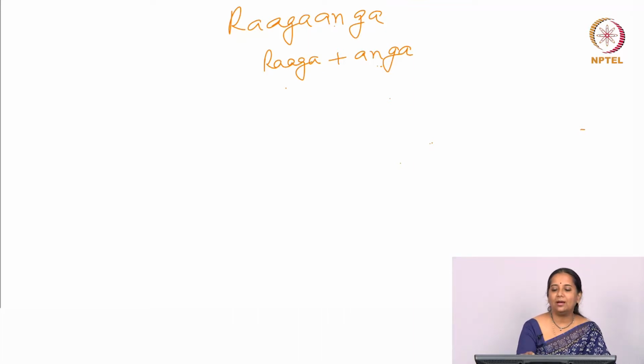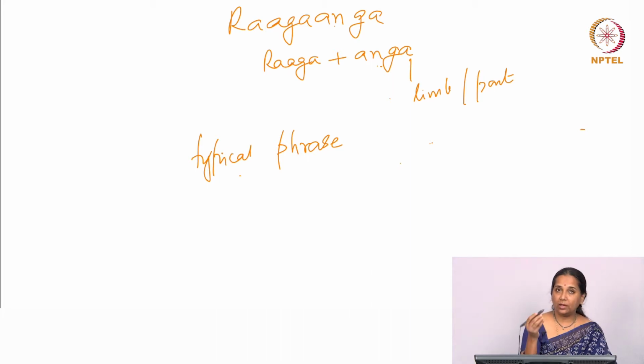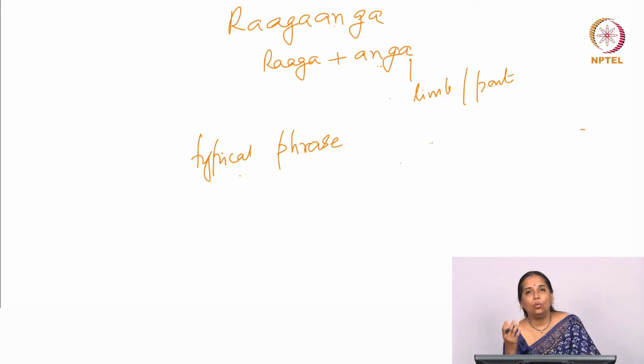Anga is a limb, or part. In this case Raagaanga really refers to a typical phrase, what may be called a Raga Vachaka phrase, that is a phrase that tells you what that raga is.